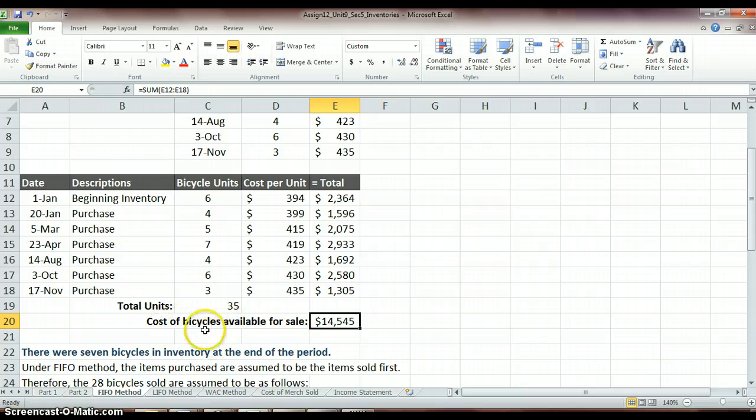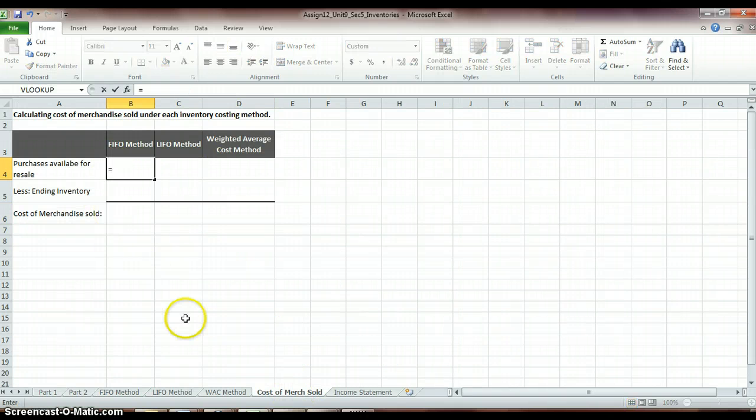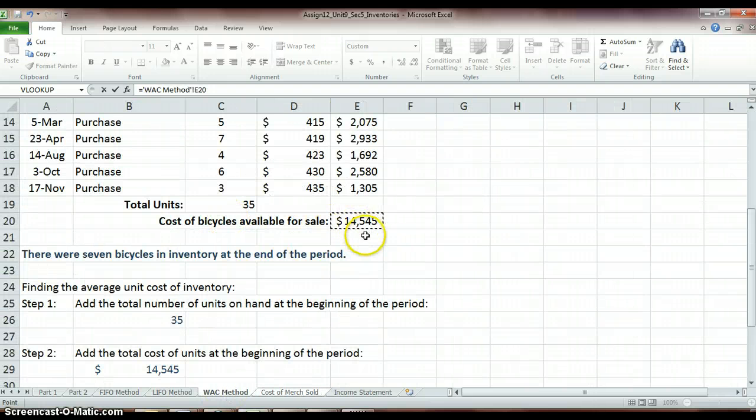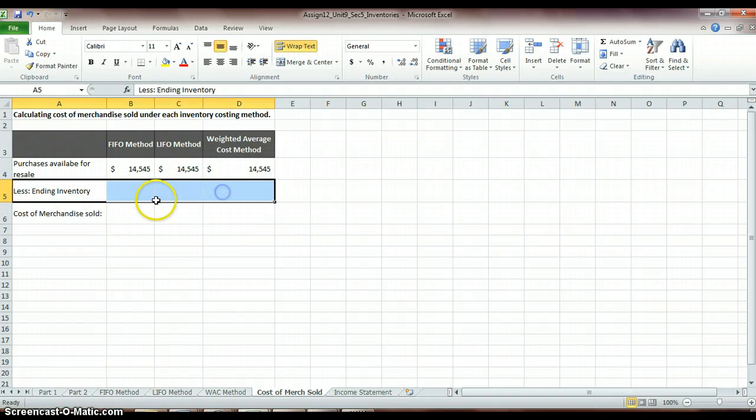That was how many bikes we had available for resale. So I like to do just equals 14,544 and then we want to subtract what we had for our ending inventory.